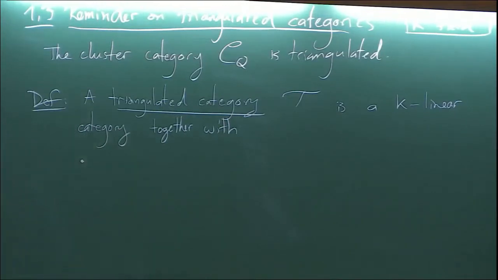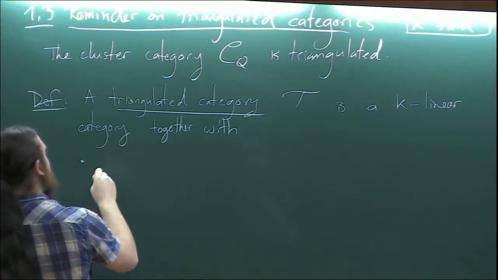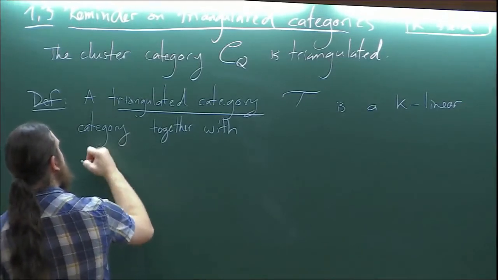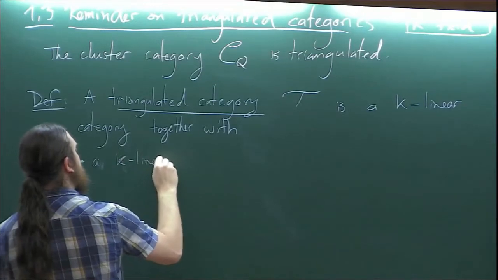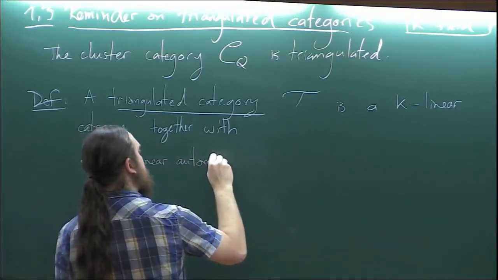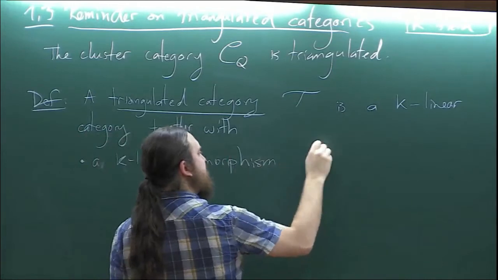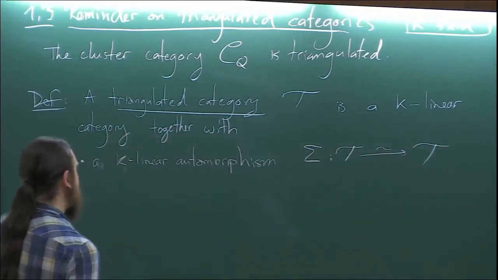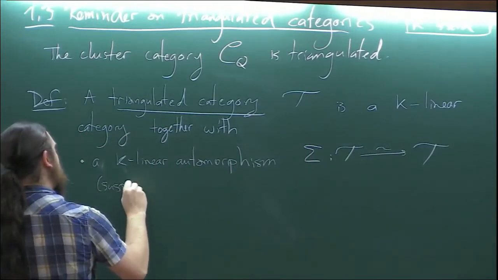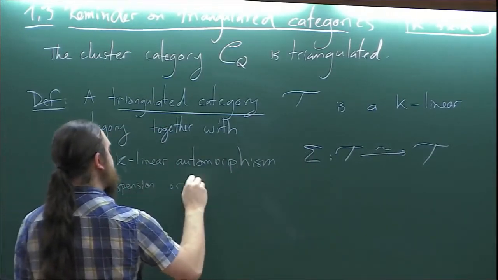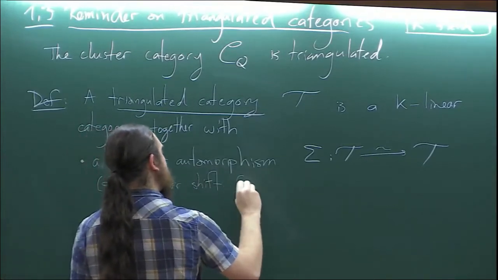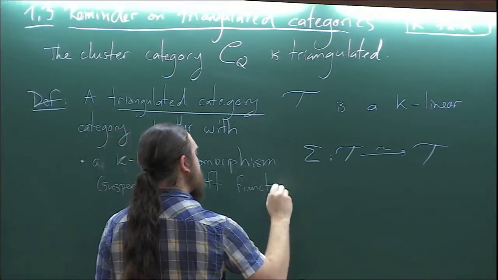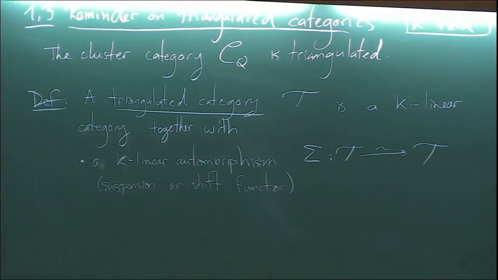So first, you need an automorphism, an autoequivalence, well, a K-linear automorphism really, sigma of the category, called the suspension functor, and sometimes the shift functor. I'll try to stick to suspension functor, but sometimes my tongue slips and I say shift.